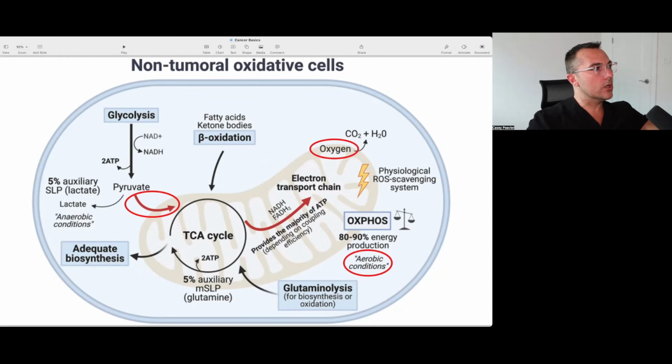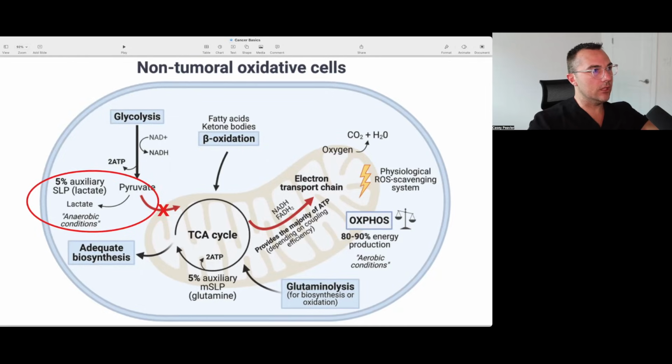So what we're contrasting with the last video is the same cell, same intact mitochondria, but no oxygen or insufficient oxygen, and now we're needing to make energy quickly and without oxygen. Because there's no oxygen, pyruvate is not going to get into the mitochondria.